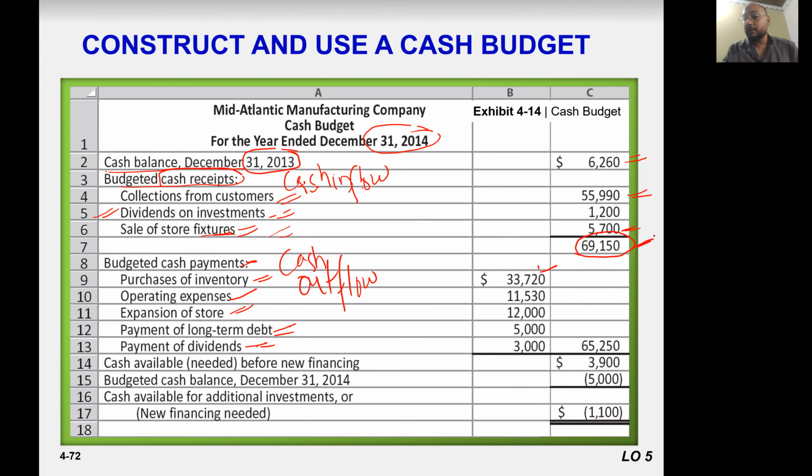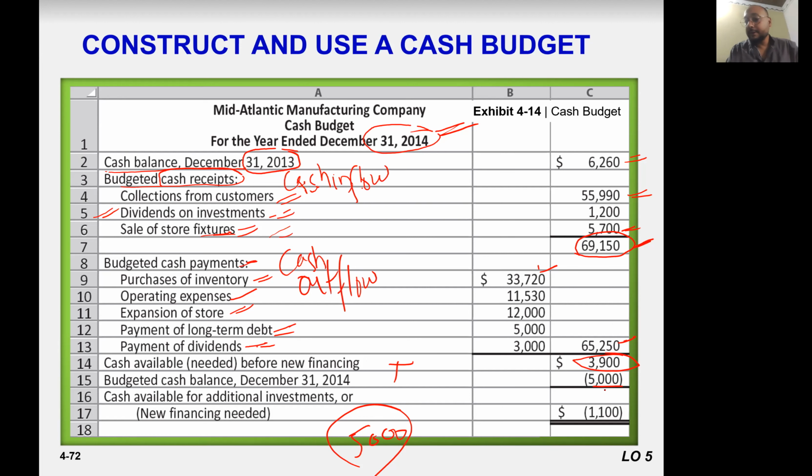So all the inflow minus all the outflow. So the answer is 3900 positive. All right. And the business said we need to have at least, at the end of 2014, how much do we have?